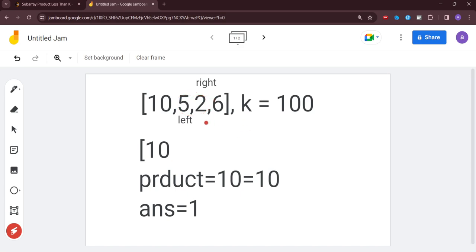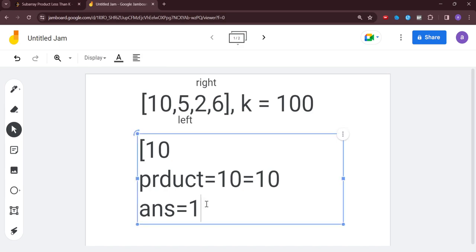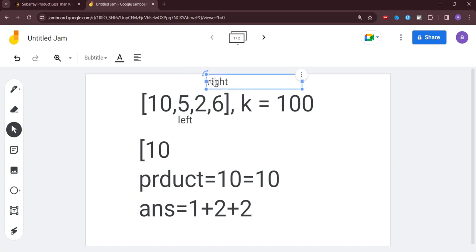So these are my two subarrays which I can build. So the answer is going to be 1 for this, and then 2 for this, and then again 2 for this particular index. Now I am going to move the right pointer to here, and then we are going to multiply it with 6.